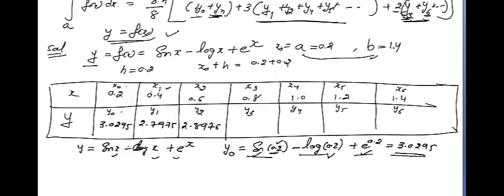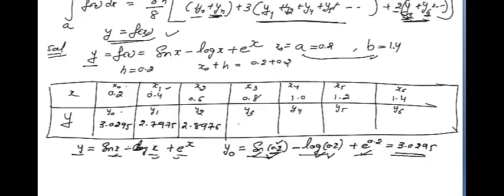Students, you must be aware, I am substituting the value of x and getting the corresponding value of y. I am not showing how I use the calculator. You can do it at your end, because calculator is allowed, otherwise you cannot get the value of sin 0.2 and log 0.2 and all other values.